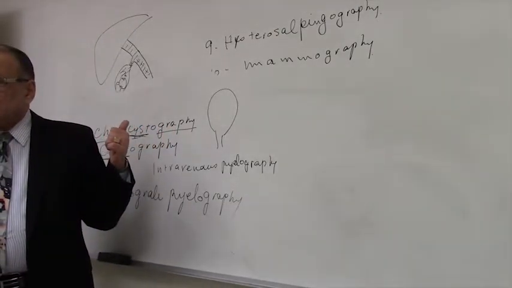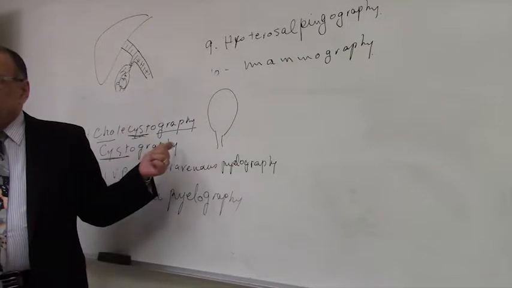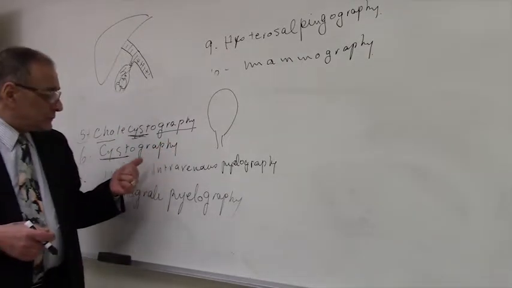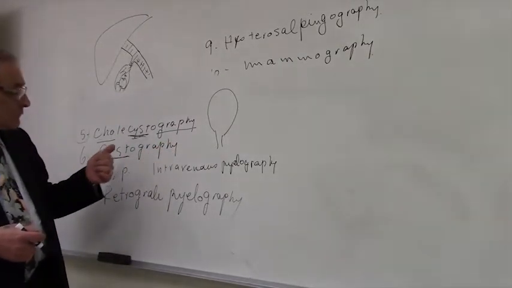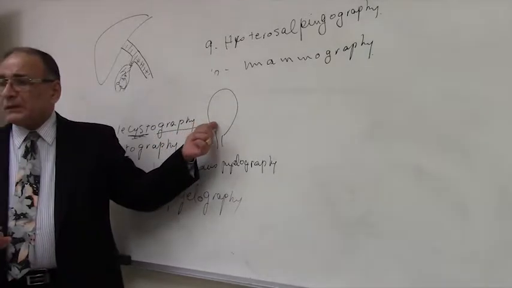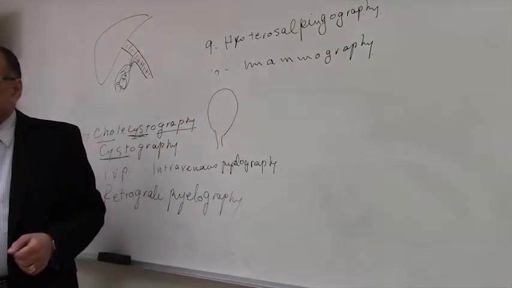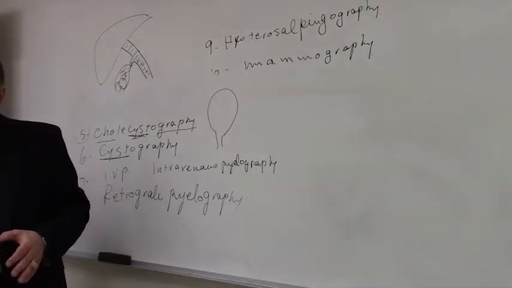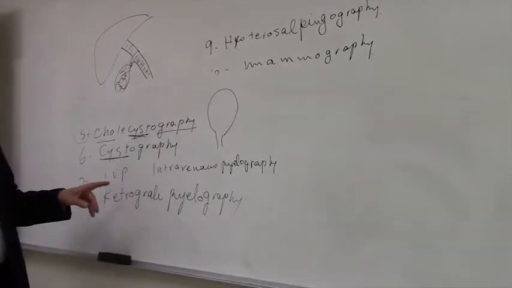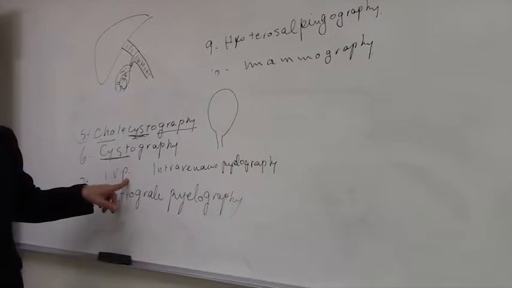Iodine compound. To visualize the bladder here, we have two ways. I'm going to give you the first way now, but the second way, I leave it until we talk about the IVP here.